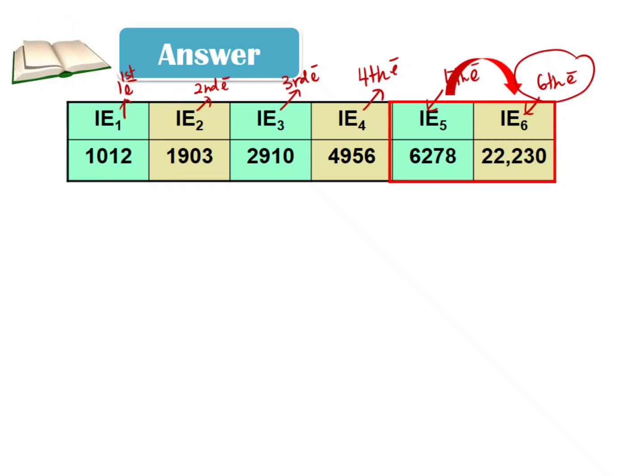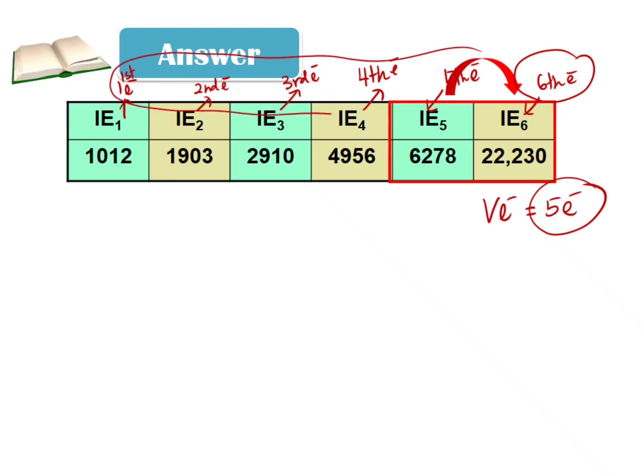Maksudnya elektron yang ke-6 tu adalah elektron yang berada dekat dengan nukleus. So, berapa kita punya valence? Bermaksud kita akan dapat valence dia sama dengan 5 elektron. Nampak tak? Maksudnya yang sebelum berlakunya sudden increase ni. So, ini adalah valence elektron. Okay? Boleh nampak? So dia berada pada outermost shell, petala paling luar.